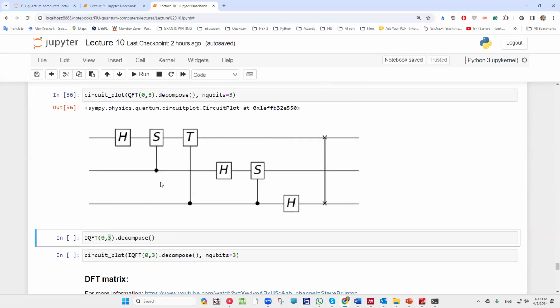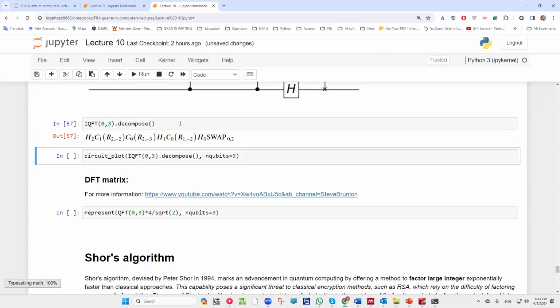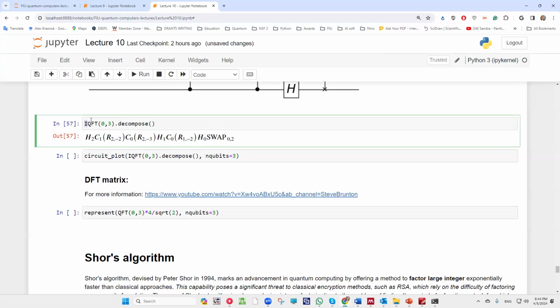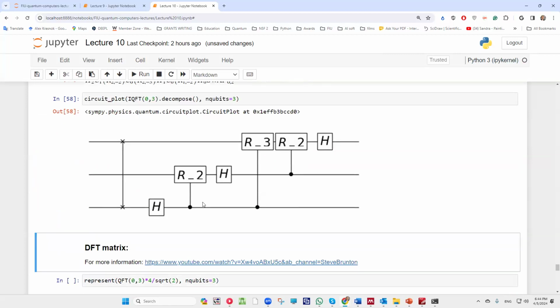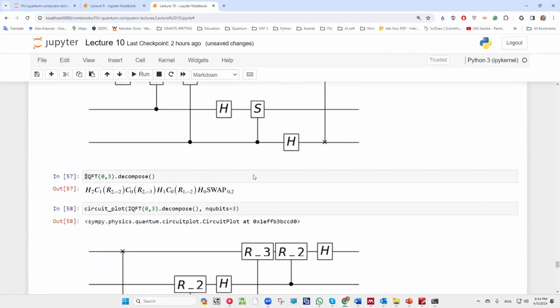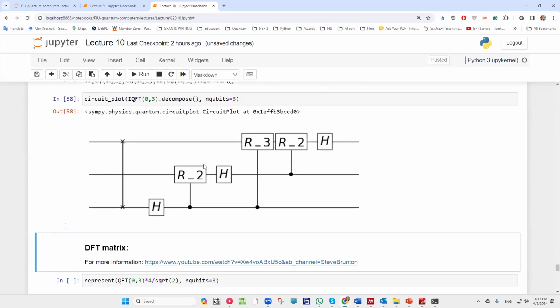Of course, if I have the Fourier transform, I also have the inverse Fourier transform, and we can look at its operation. This I here stands for the inverse Fourier transform in the case of 3 qubits. This is how it looks. Of course, the Fourier transform and inverse Fourier transform are unitary operators.